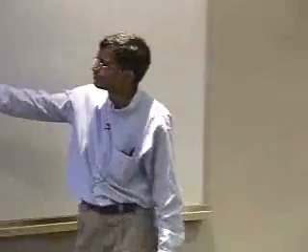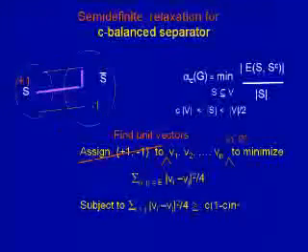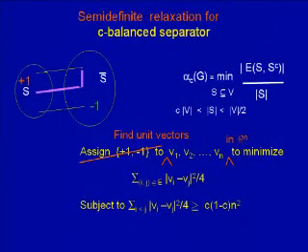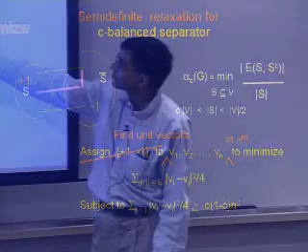So now we have this quadratic integer program. Of course, solving that is NP-hard. So you find a relaxation, the semi-definite relaxation we'll come up with. Instead of finding a +1 and -1 assignment, you assign unit vectors v1 to vn, vectors in n dimensions, such that you're doing the same thing.